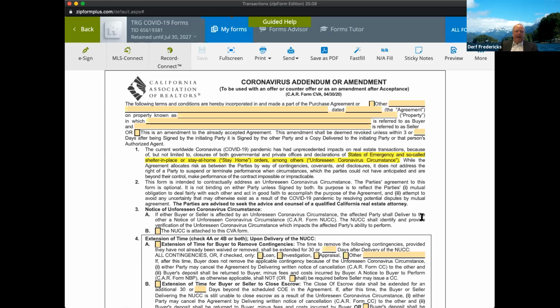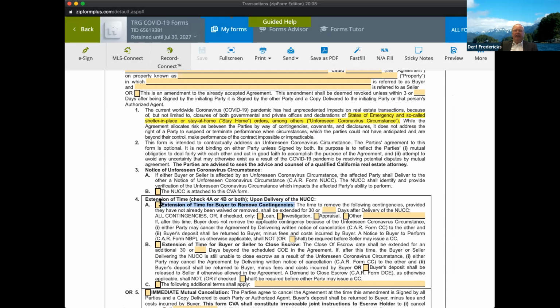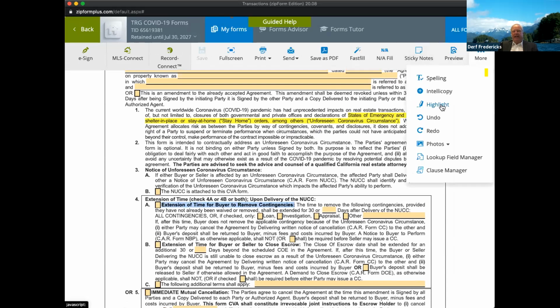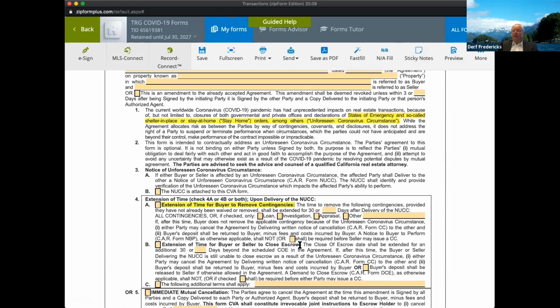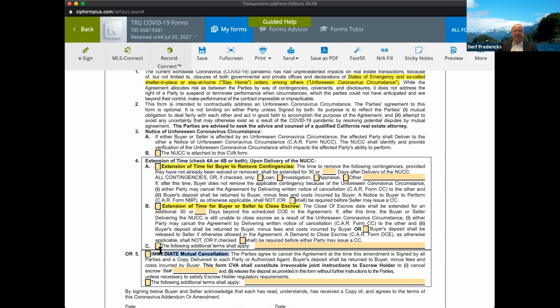What's interesting about this is that it says, hey, we're in a pandemic. There may be unforeseen circumstances that require an extension of time to either remove contingencies, to close escrow, or to cancel.